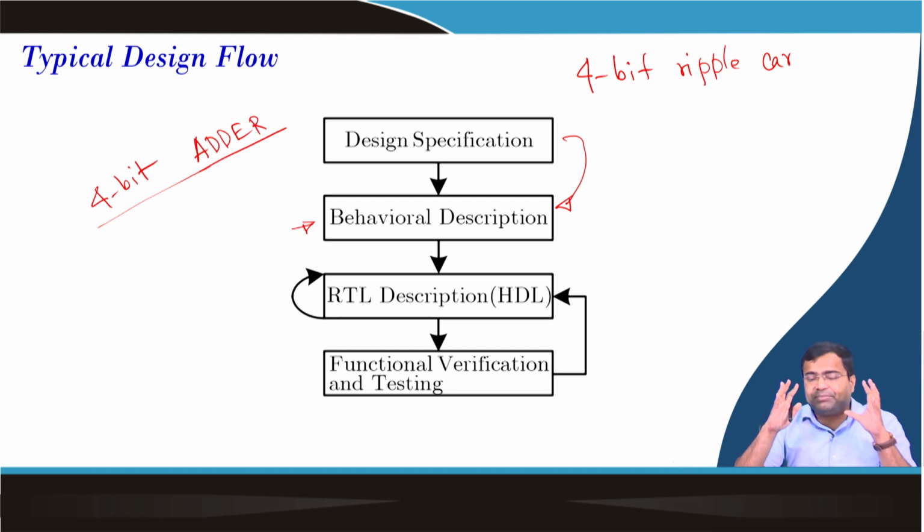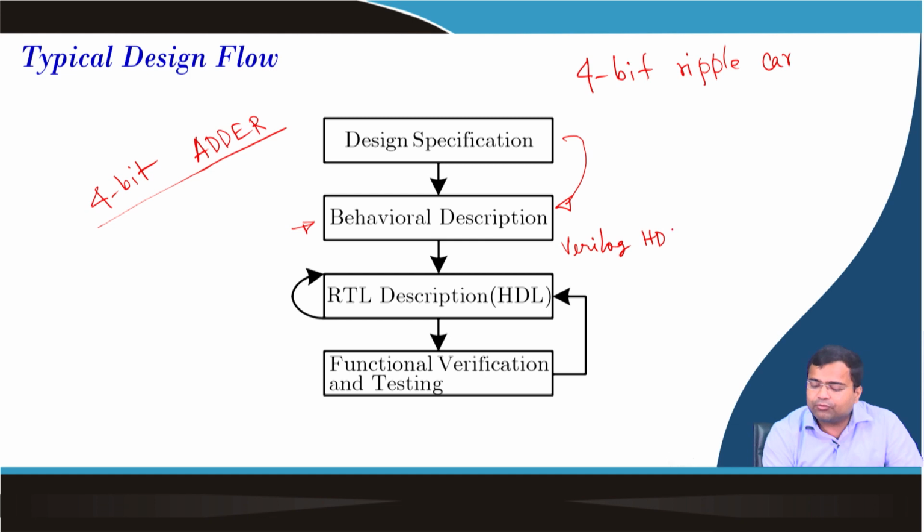Once you decide the behavior, then you need to go for register transfer logic. That means you have to go for RTL. That means you have to describe it in Verilog HDL, you have to write Verilog HDL, which will realize this. So, in this course, maybe in our 66th lecture, in a subsequent lecture, I will show a complete implementation of a Verilog HDL 4-bit ripple carry adder using the Xilinx ISE simulator.